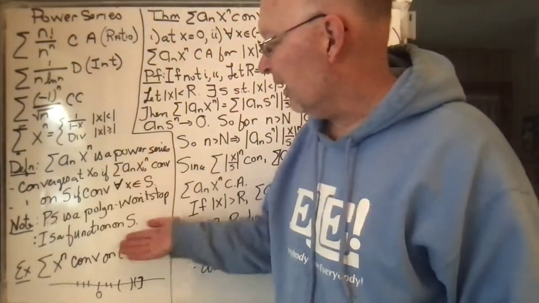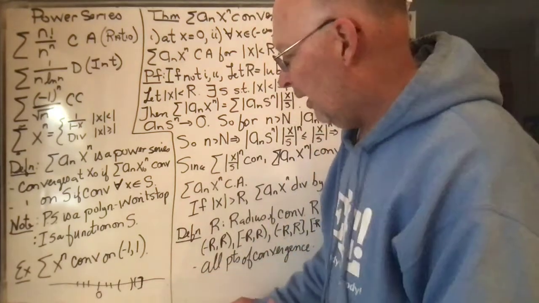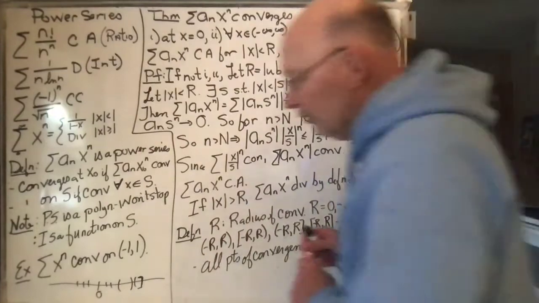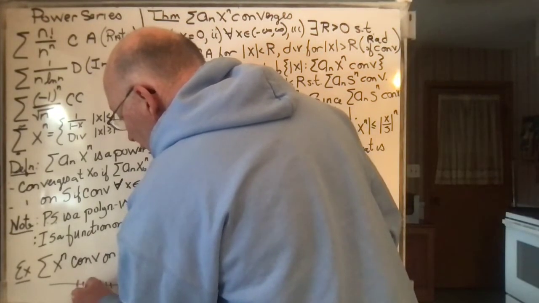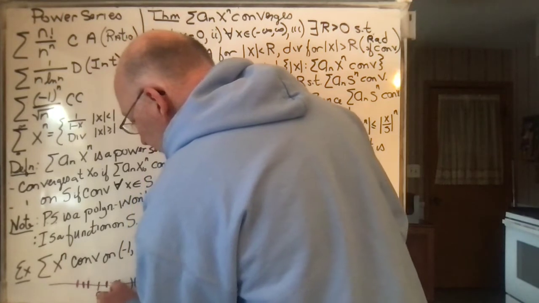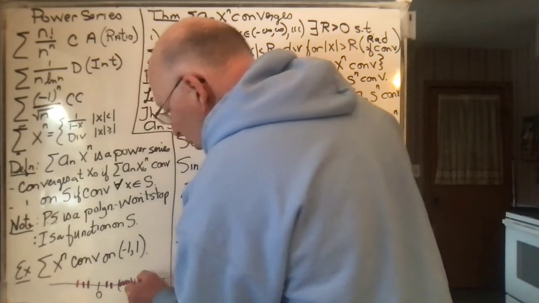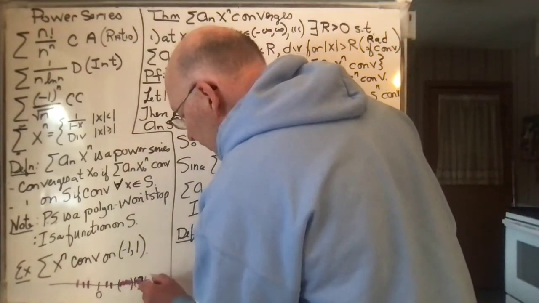Maybe that's the set S, and it converges just for those values. Let me do it in another color here. Throw in one more here as well, maybe something like this.